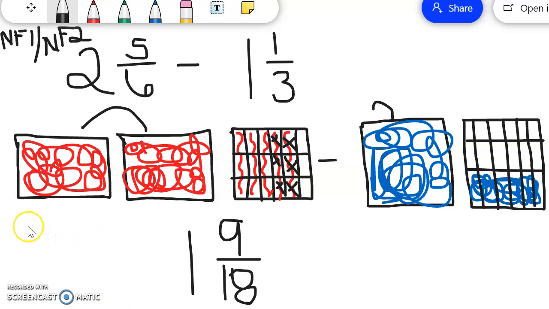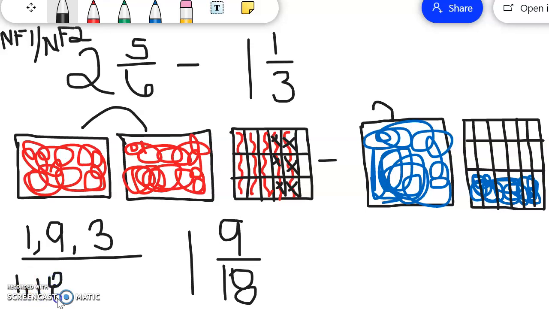So with 9, I know 1 is a factor of 9 because 1 times 9 is 9. And then I know 3 because 3 times 3. For 18, I know 1 and 18. I know 9 and 2, and then 3 and 6.